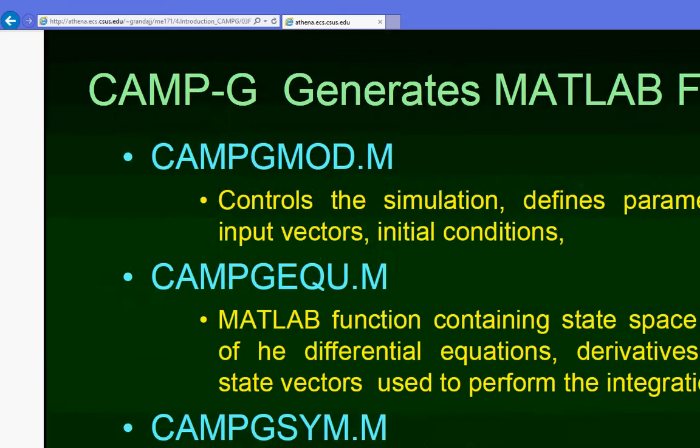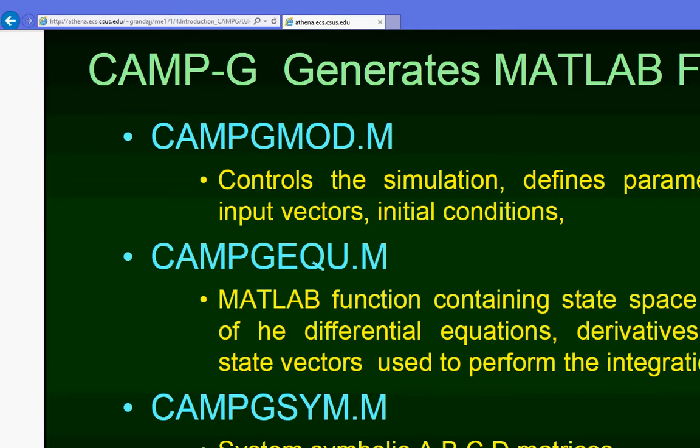CAMG-EQU is the MATLAB function which contains the state space form in symbolic matrices, and you will get the CAMG-SYM file, which has the system A, B, C, and D matrices in source code form.